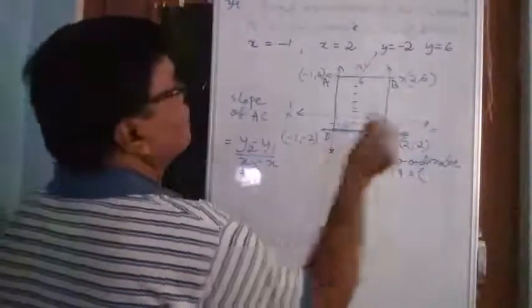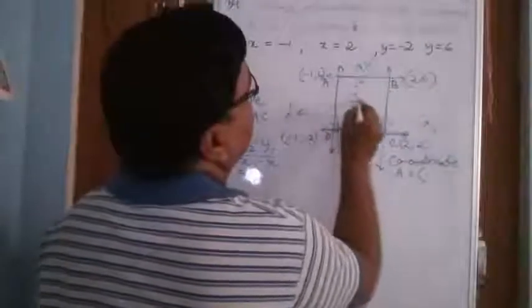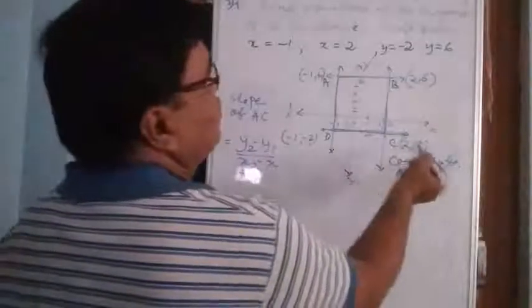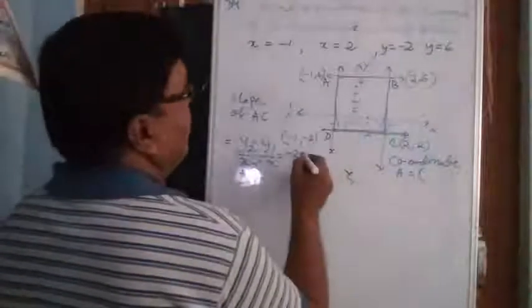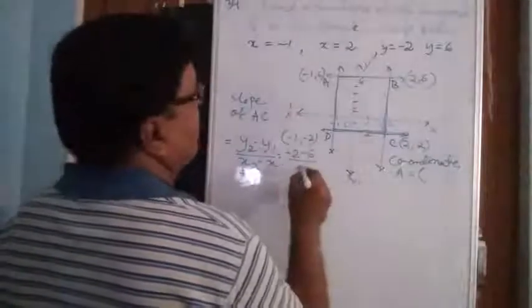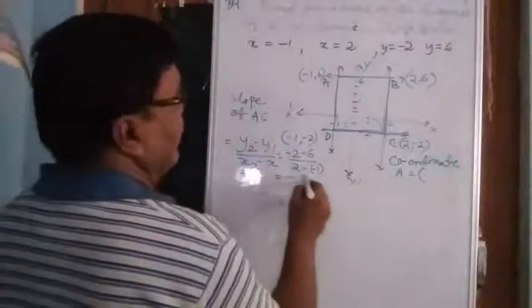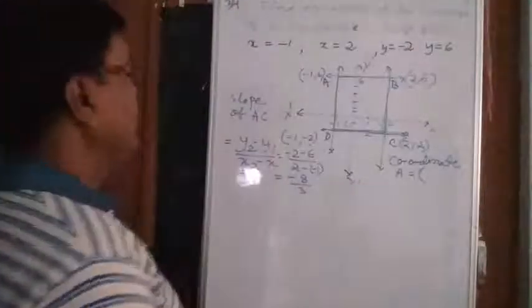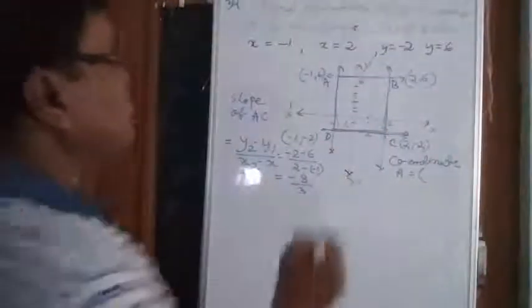Taking x1, y1 as (-1, 6) and x2, y2 as (2, -2), we get (-2 minus 6) by (2 minus of -1), which is -8 by 3. The slope of line AC is -8 by 3.